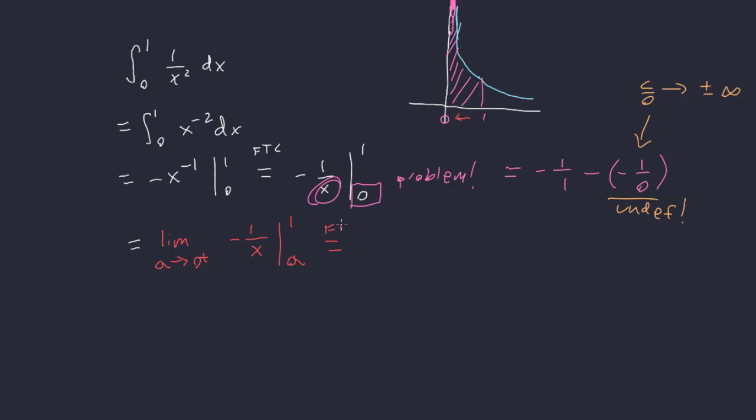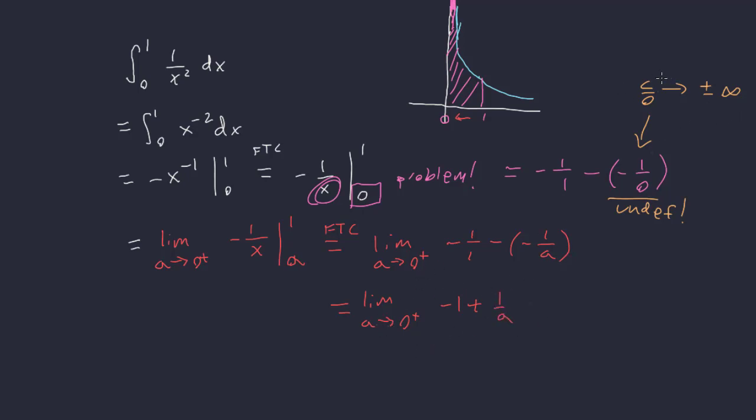So now we can do our fundamental theorem of calculus step with a limit sitting on the outside. Okay, so we'll get negative 1 over 1 minus negative 1 over a. And we'll get negative 1 plus, and of course I forgot my limit signs, so a going to 0 from the right, we'll get negative 1 plus 1 over a.